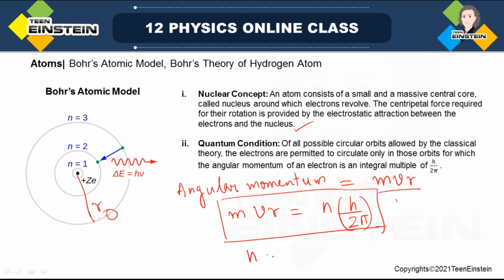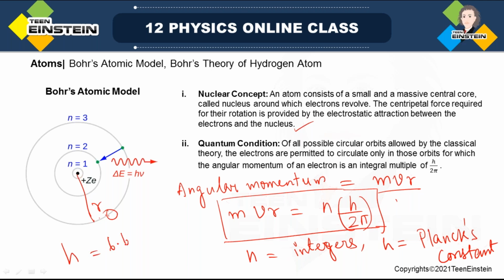I'll tell you what these are. n is an integer. h is Planck's constant. We know what Planck's constant is. It has a value of 6.63 times 10 to the power minus 34 joule second.